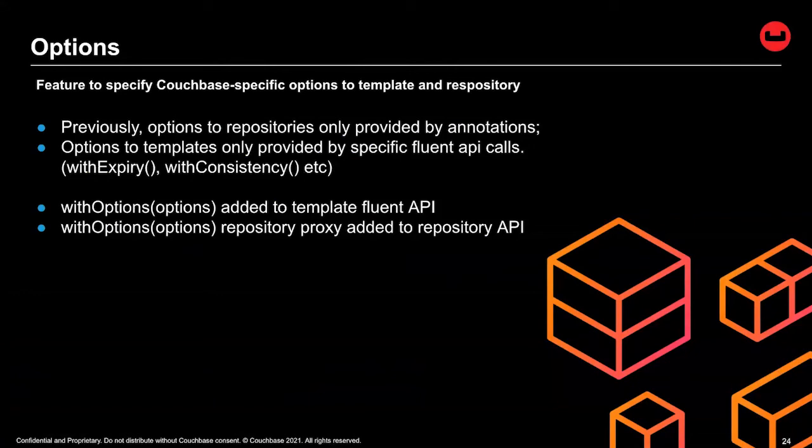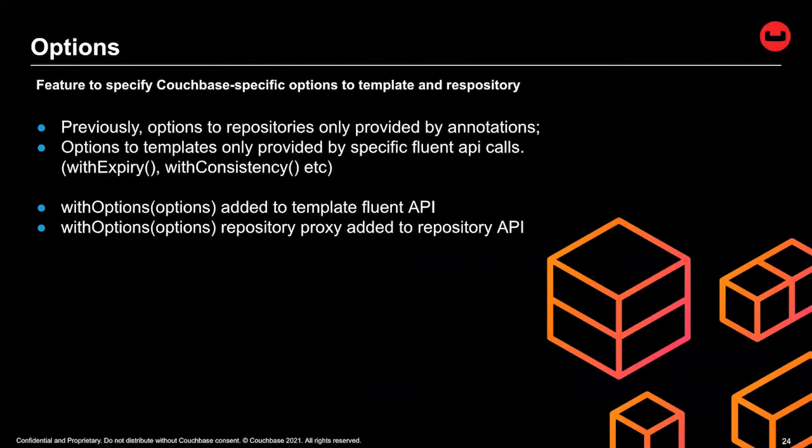Prior to this, the options on repositories were only provided by annotations, like we had the @scope and collections annotations. There are other ones for expiry and consistency and so on. The drawback with that is that they are fixed, and at runtime you can't say make this call for this certain expiry time and then make a different call with a different expiry time.